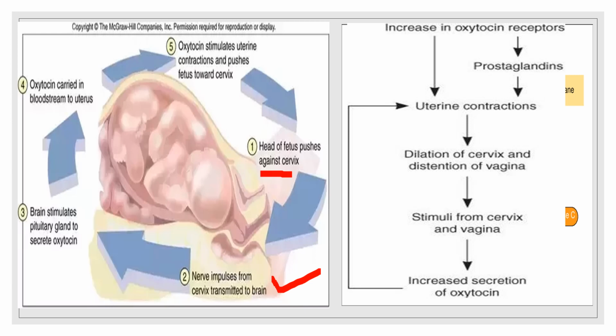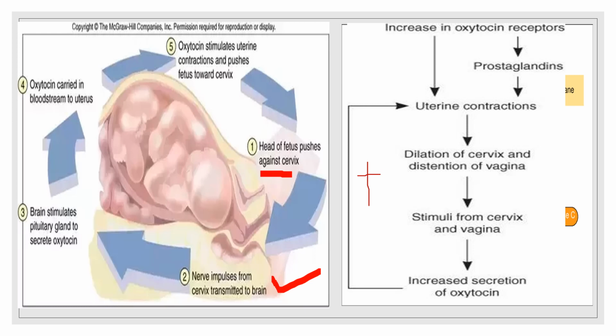How does this loop act? Uterine contraction gives rise to dilatation of the cervix. Stimuli from the cervix increase the oxytocin. Oxytocin again increases the uterine contraction. More uterine contraction means more oxytocin. So there is a positive feedback loop formation.